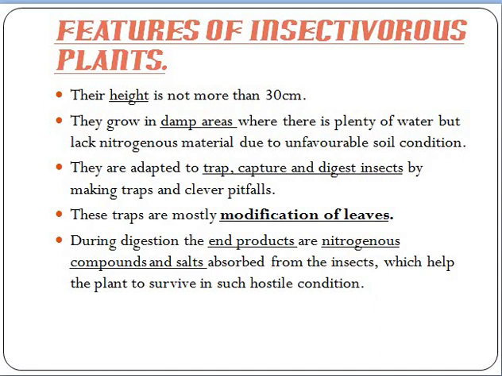During digestion, the end products are nitrogenous compounds and salts absorbed from the insect, which help the plant to survive in such hostile conditions. After the plant traps the insect, the digestion of the insect starts and the end product of digestion is nitrogenous compound and salt.